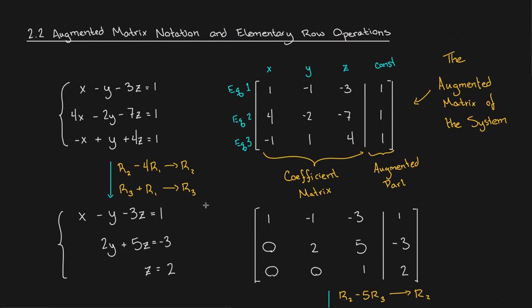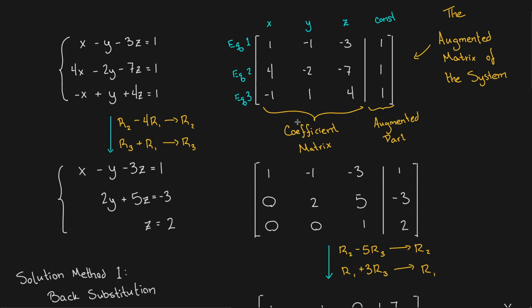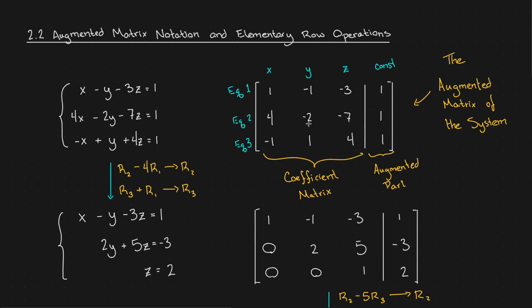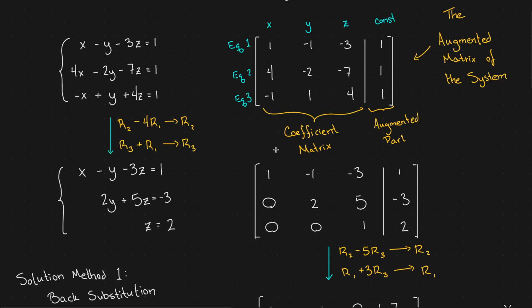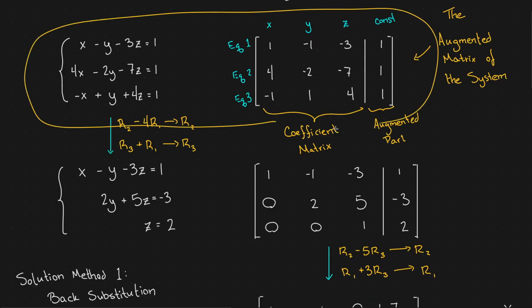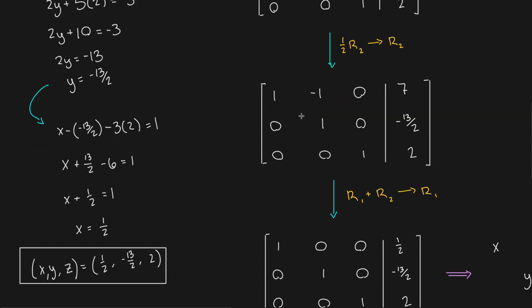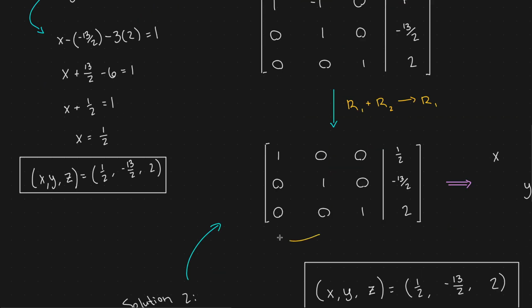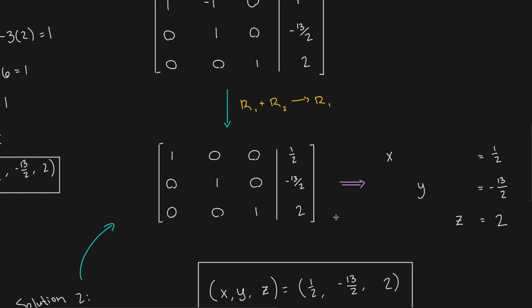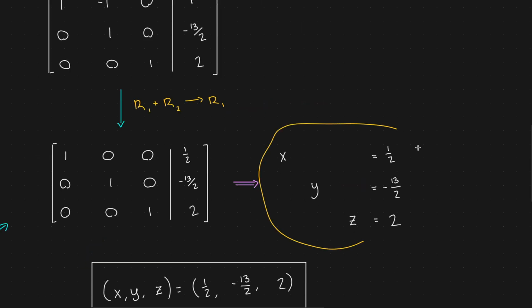So using these tools, we can change a system of equations that's hard to work with into a system of equations that has the same solution, but is easier to work with. In this case, what we saw is if we keep on changing it, we're able to change our original system into this, or into the system x equals 1/2, y equals negative 13/2, z equals 2.